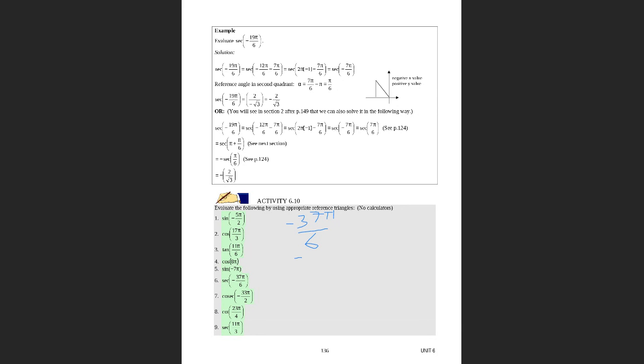We can say minus 36 pi over 6, minus pi over 6. Minus 36 pi over 6 is the same as minus 6 pi, minus pi over 6.